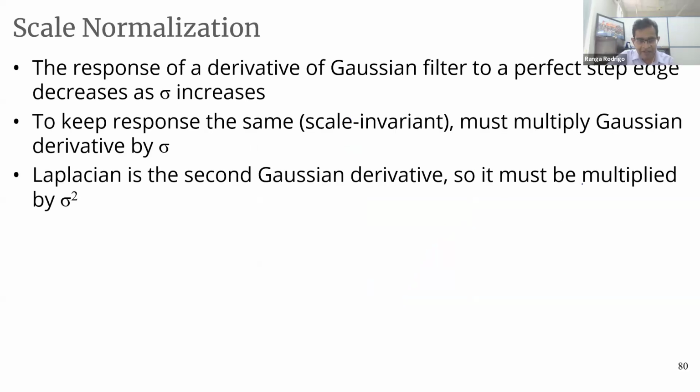The response to the derivative of the Gaussian filter to a perfect step edge decreases as sigma increases. To keep the response scale invariant, we must multiply the Gaussian derivative by sigma. Laplacian is the second Gaussian derivative, so it must be multiplied by sigma squared.